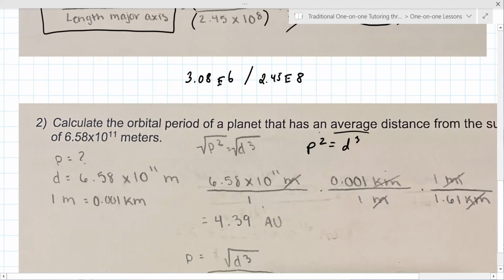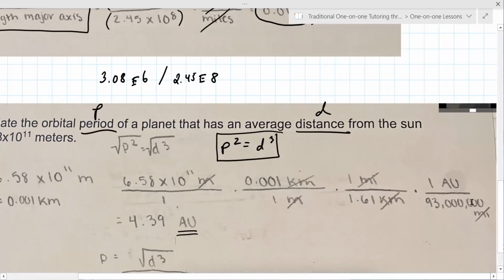So p is for period, and d is the average distance. One of the things that we did when we worked through this problem before is that the distance had to be converted into AUs, and that was a conversion factor that came down here at the end.